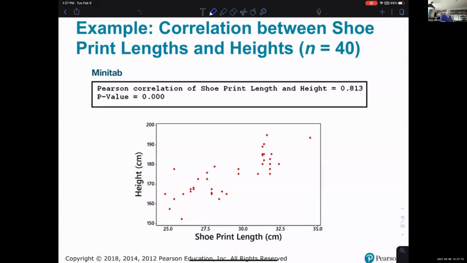So here's an example, and this is actually the same comparison we just were doing, but they've moved from having only 5 pieces of data to many more. The 5 data values they showed us before are also included here, but there's a lot more. So they're still comparing shoe print length to height.